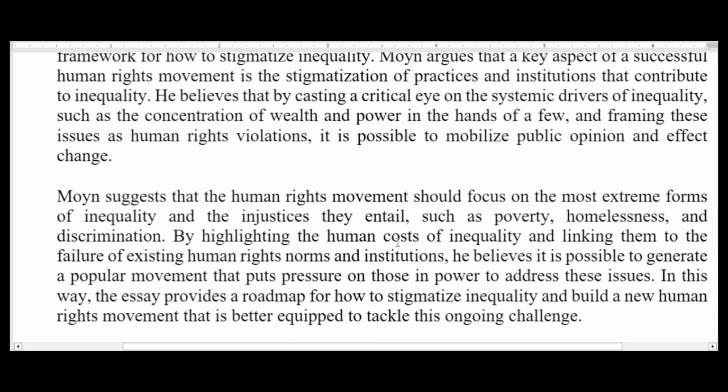By highlighting the human cost of inequality and linking it to the failure of existing human rights norms and institutions, he believes it is possible to generate a popular movement that puts pressure on those in power to address these issues. In this way, the essay provides a roadmap for how to stigmatize inequality and build a new human rights movement that is better equipped to tackle this ongoing challenge.